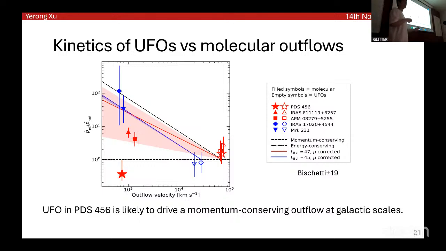You can find they are the UFOs and molecular outflows detected in the target, and they have a very comparable momentum flux, suggesting that the UFO in this target is likely to drive the momentum-conserving outflow at galactic scales. That's a brief introduction to PDS 456.